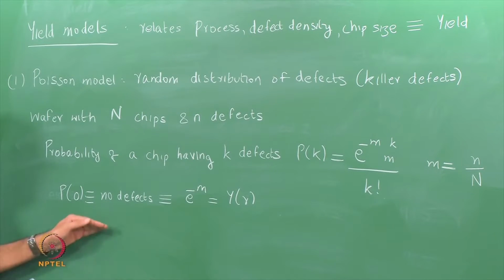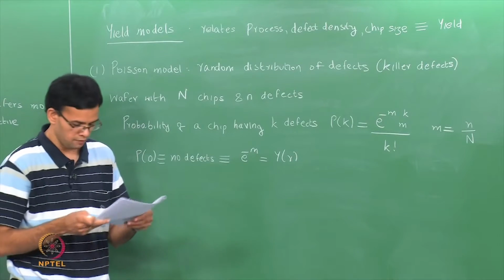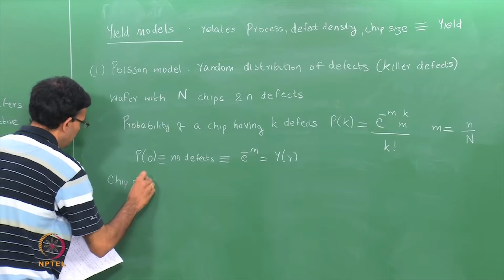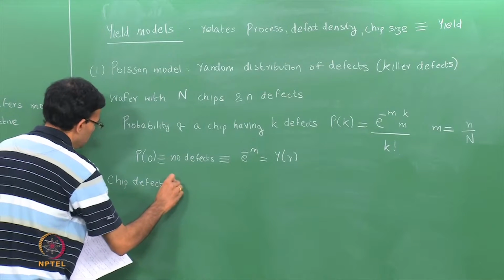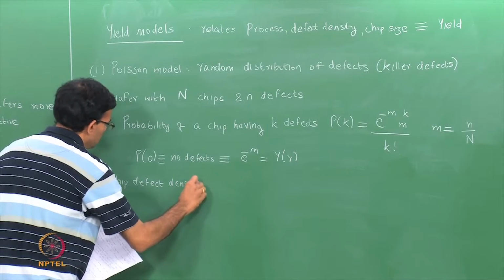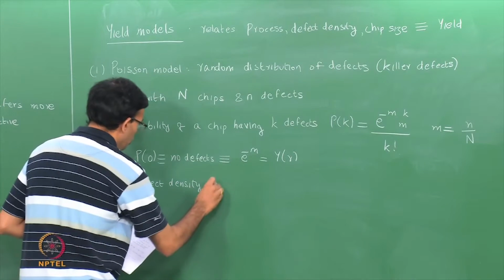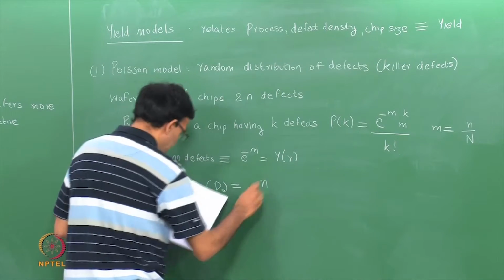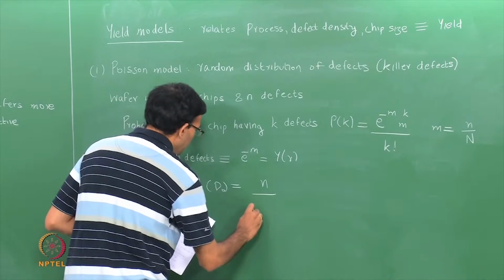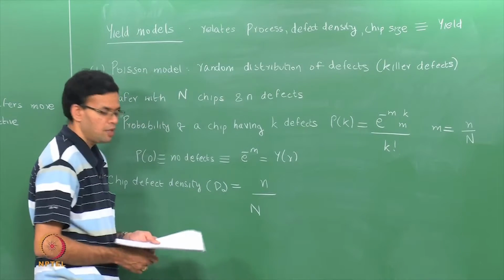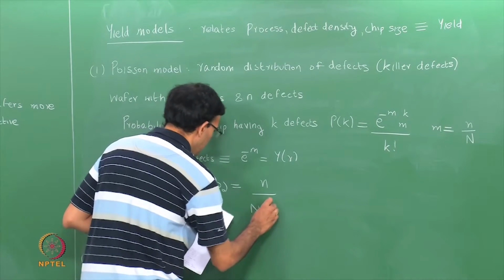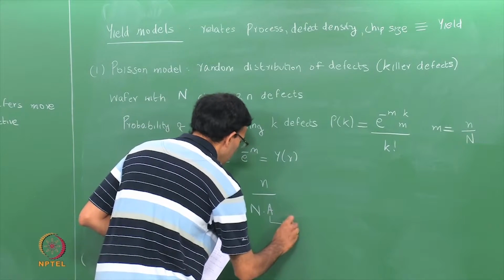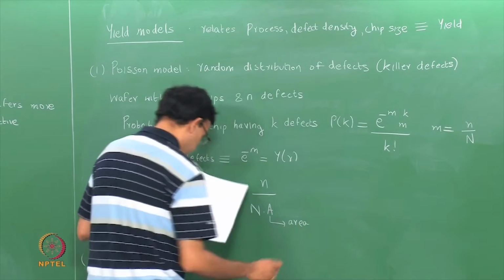So, instead of defining the total number of defects, we can define a chip defect density D naught, which is nothing but the number of defects divided by the total number of chips times A, where A is the area per chip.